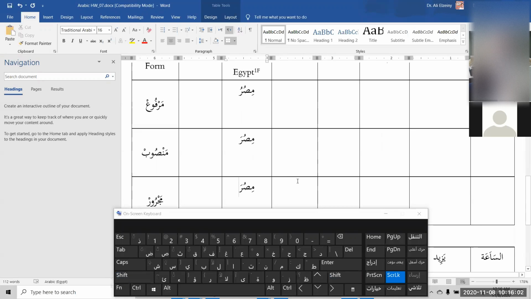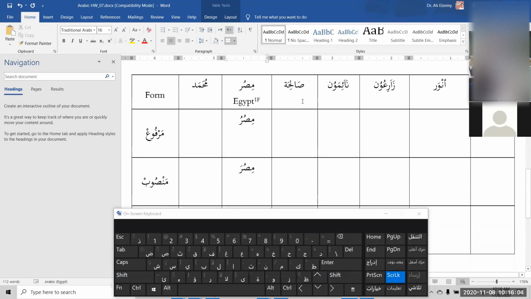Now, Saliha can work both ways. Either sarf is allowed or sarf is not allowed, depending. If it's the name of a girl, then sarf is not allowed.